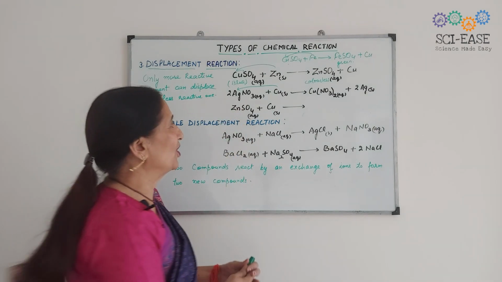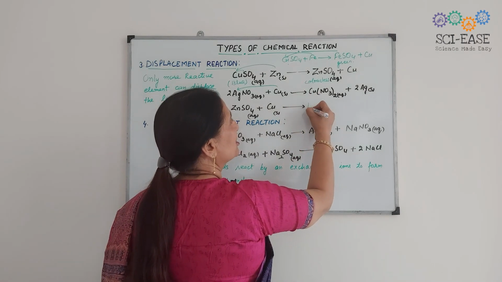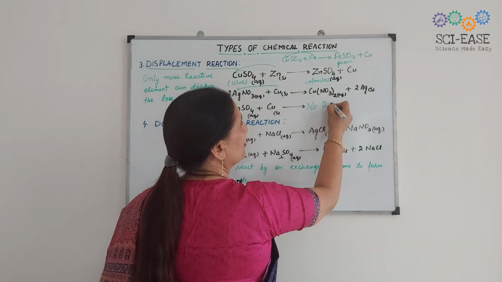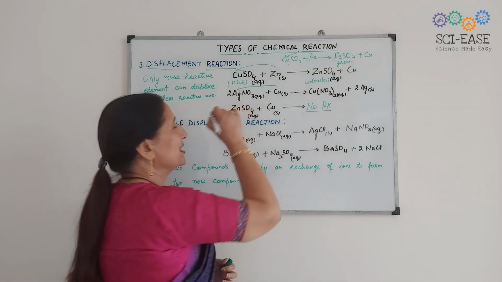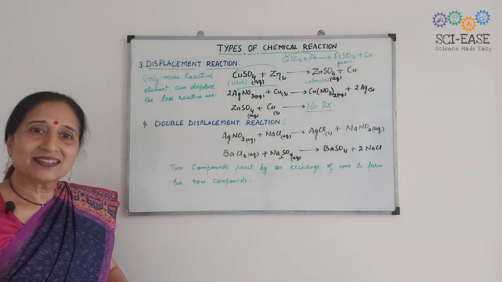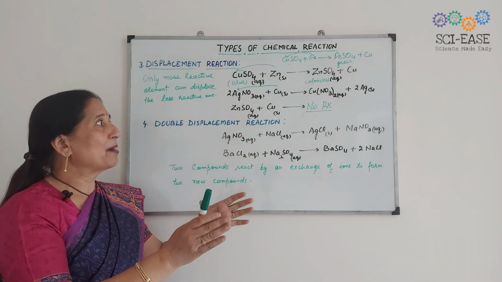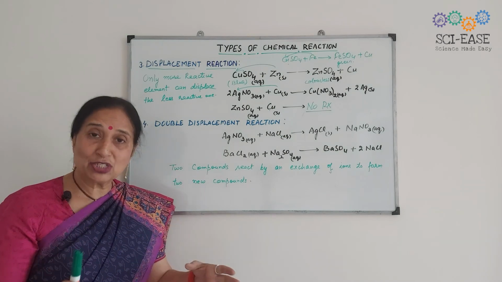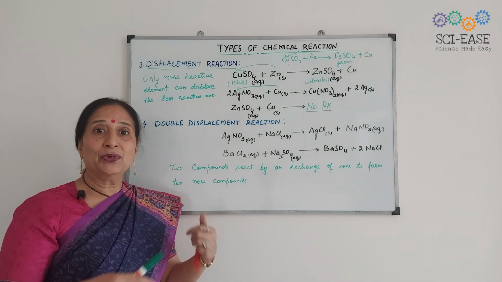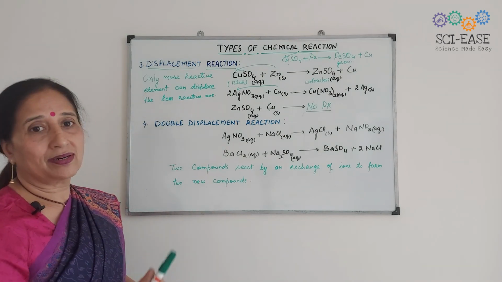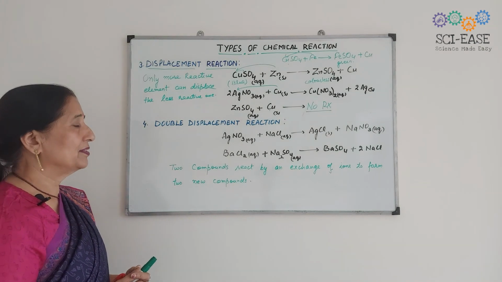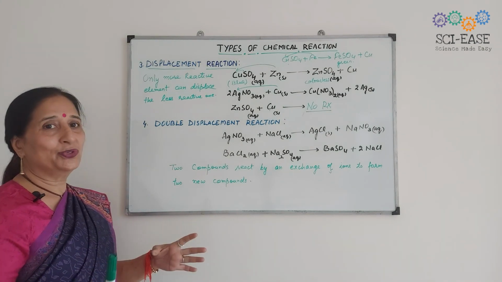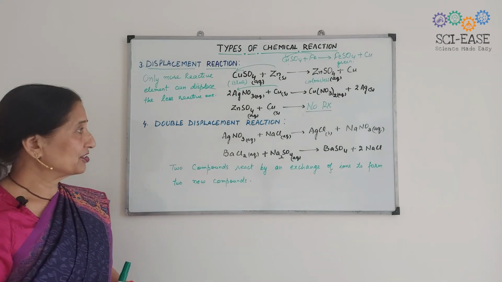No, not at all. Here no reaction will take place, because copper is less reactive than zinc. By all these examples, the things have become much more clear to you. You practice more equations, and you will be perfect in doing displacement reactions.